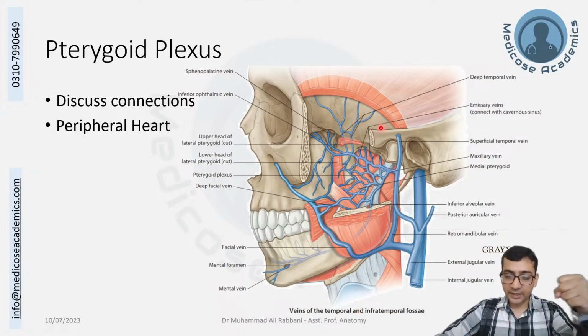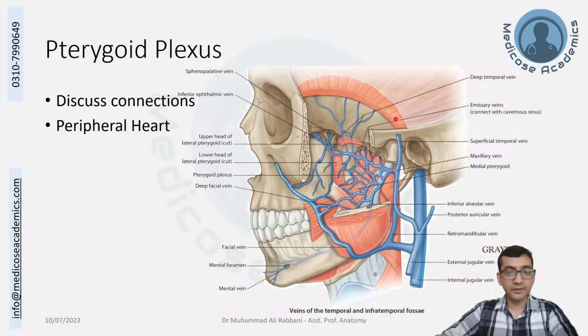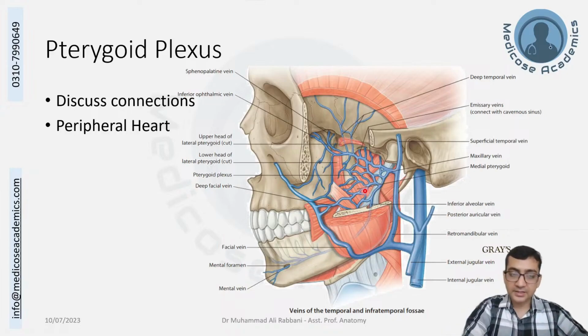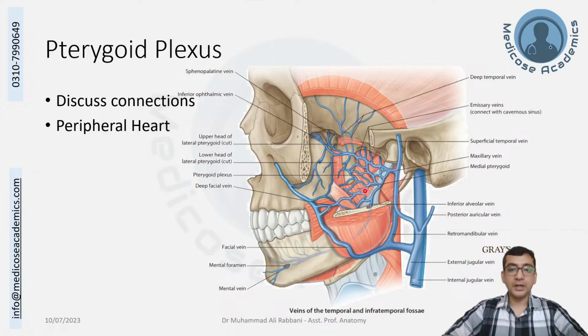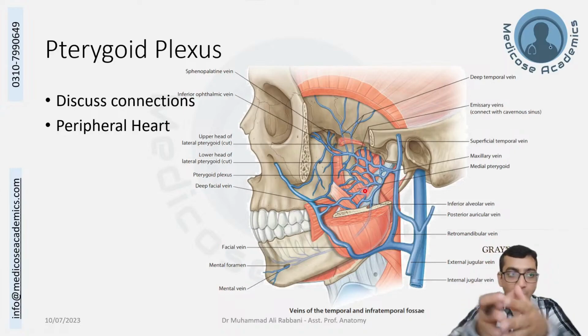And there will be all the supply back from the muscles, and they are not very well defined as veins, but they will join to form a plexus that is called pterygoid plexus. It may be present inside or outside the pterygoid muscle, and as you chew, the pterygoid muscle expands and contracts.